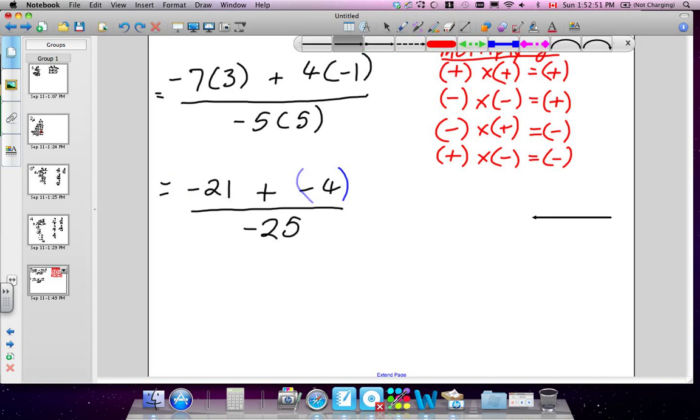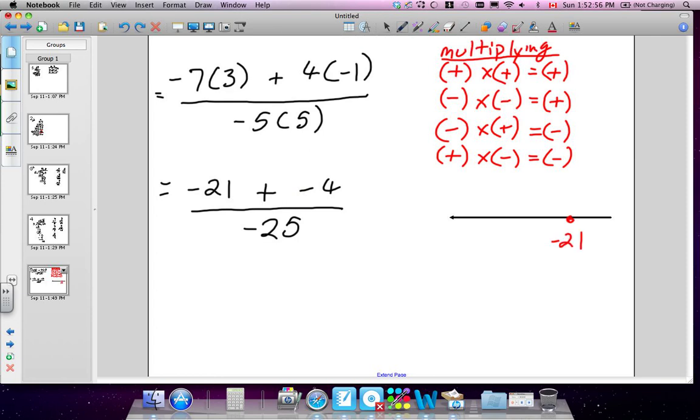If we're on the number line at -21 and I have to add -4, which way am I going, left or right?